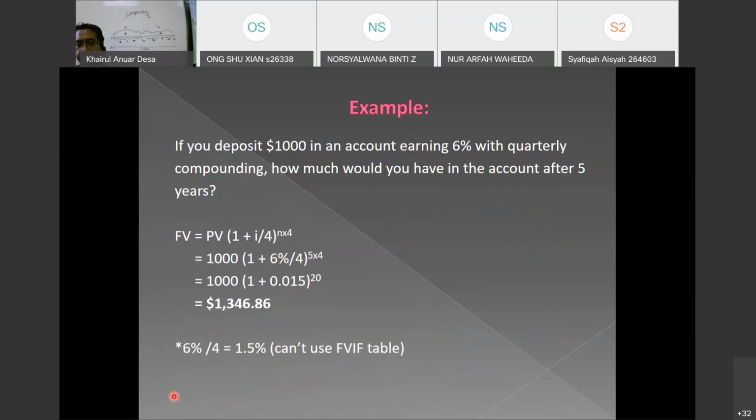Okay, but there are some limitations if we use a table to solve the problem. For example here, 6% over 4. 6% dibahagikan dengan 4 sebab quarterly compounding. So 6% bahagi 4, kita akan dapat 1.5%.